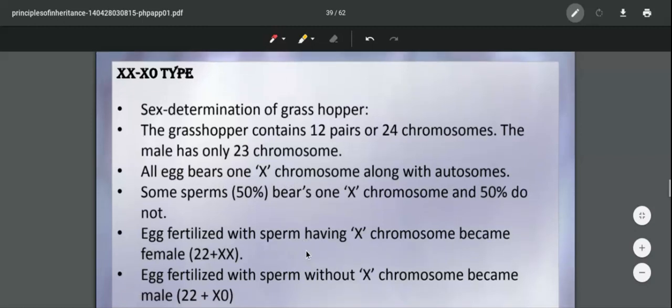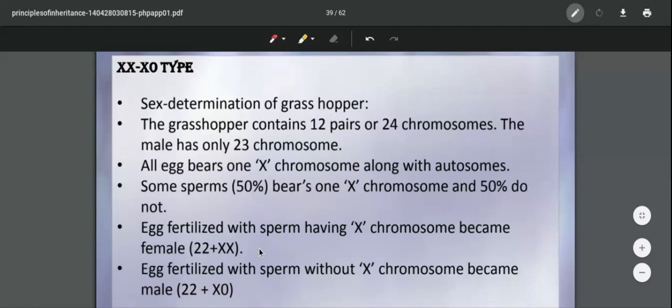Now, what are the chances of the offspring being a male or a female? If the egg, which contains an X chromosome, fuses or fertilizes with a sperm that has an X chromosome, that means you're getting an X from the egg and an X from the sperm, so the offspring produced will be a female, because you will get 22 plus X from the mother and X from the father.